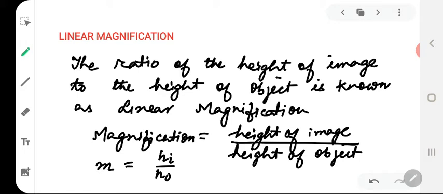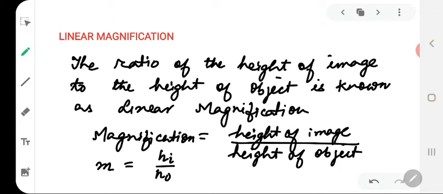Now in our ray diagrams, the object is always placed above the principal axis. So the height of the object will always be positive. We also know that a virtual image is always formed above the principal axis. Therefore, the height of a virtual image will be positive. But a real image is formed below the principal axis.